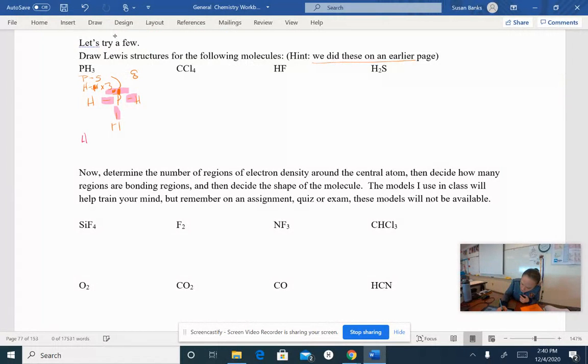So I have 4 areas: 3 are bonds and 1 is a lone pair. Let's look at how we are going to use this chart to determine the geometry.